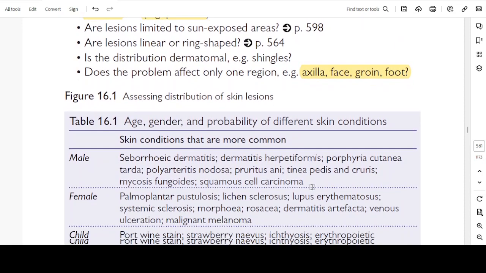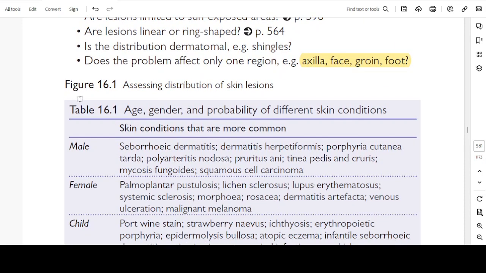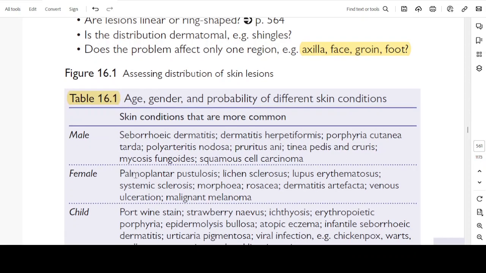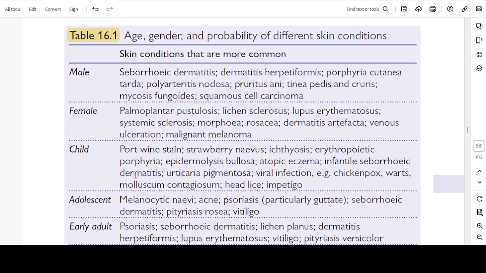Second figure, that was in the figure, and the table 16.1. Age, gender, and probability of different skin conditions. Skin conditions that are more common in males: seborrheic dermatitis, dermatitis herpetiformis, porphyria cutanea tarda, polyarteritis nodosa, pruritus ani, tinea pedis, cruris, mycosis fungoides, squamous cell carcinoma.